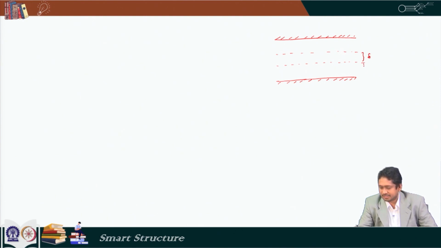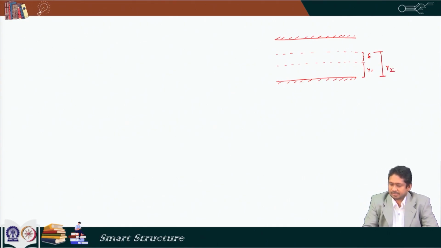From here to here the distance we denote as y1, and from here to here the distance we denote as y2. And the distance between these two plates we denote as d.